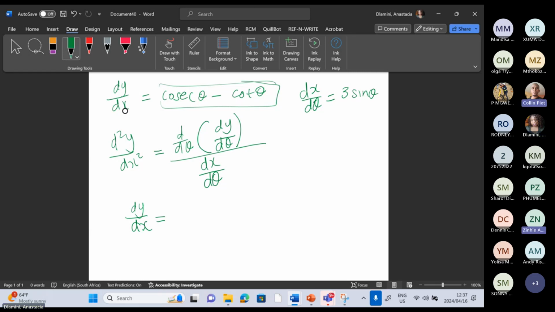Ma'am, for dy over d theta, don't you substitute the 3 minus 3 cos theta? Oh, sorry, 3 minus 3 cos theta.